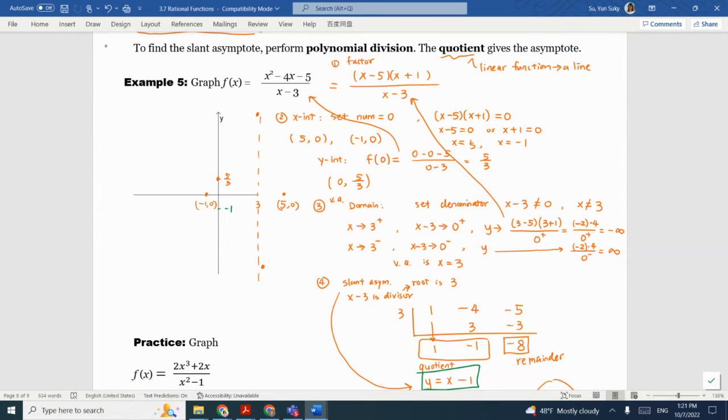That means you go to the right 1 unit, and then you go up 1 unit. And then this is the line y equals x minus 1. Is that okay, everybody? So rise over run: you go right 1 unit and up 1 unit. You get this point. 2 points can fix a line.